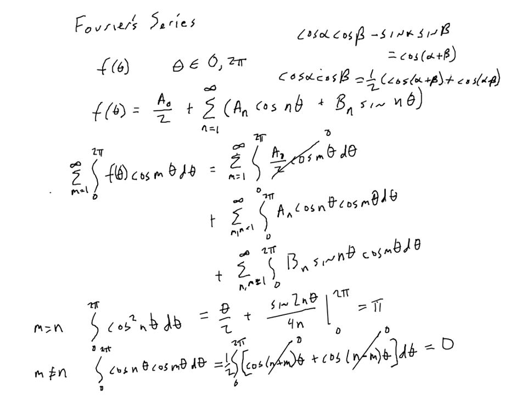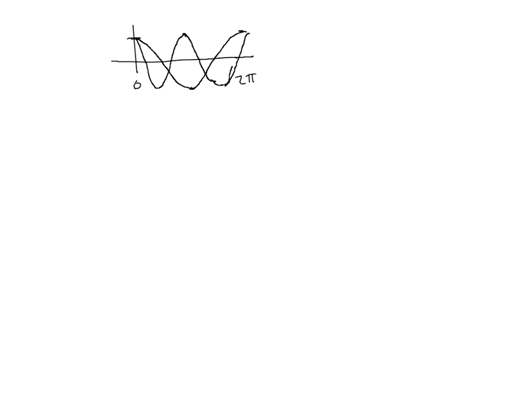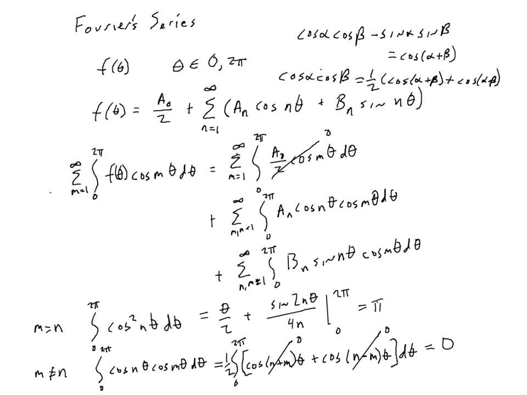But for me, it's easier to see it when you're taking the sums, because when you're summing the two angles and then taking the difference of them, you can see that it has to integrate to 0. That's why for this one, n must be equal to m, otherwise this is 0.